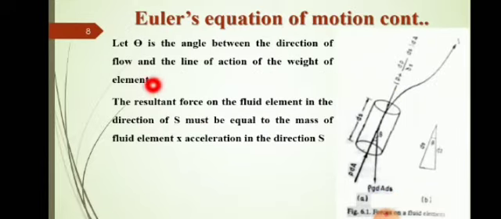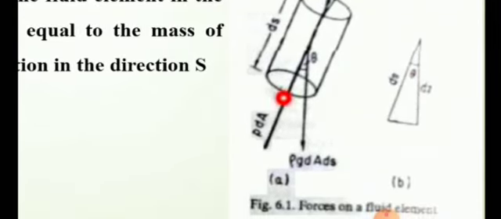Now let theta be the angle between the direction of flow and the line of action of the weight of the element. Here there is a marking of angle theta. It is the angle between the direction of flow and the direction of gravity, the direction in which the weight is acting.